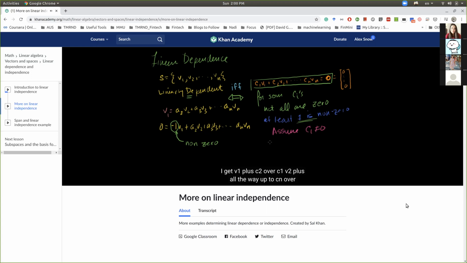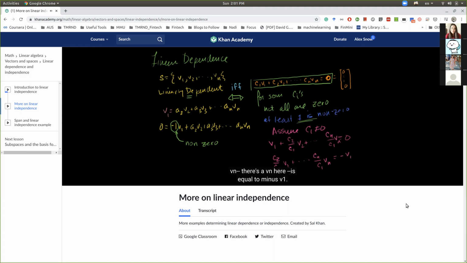I get V1 plus C2 over C1 V2 plus all the way up to Cn over C1 Vn is equal to 0. And then I could subtract V1 from both sides of this equation, and I get C2 over C1 V2 plus all the way up to Cn over C1 Vn is equal to minus V1.